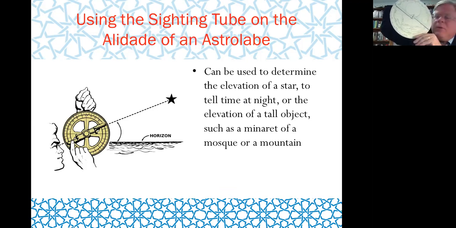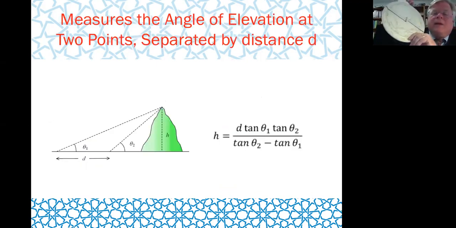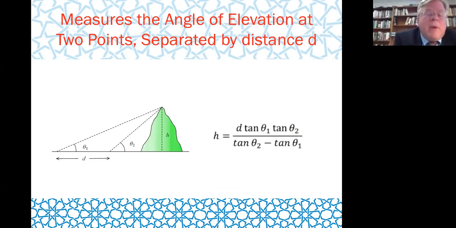And so Al-Biruni used a device like this to determine the height of a distant tall mountain from two observations. These observations were spaced apart by a distance d. Taking these two observations, these two angular results, and putting them together in the trigonometric formula to the right, the height of the mountain could be determined.